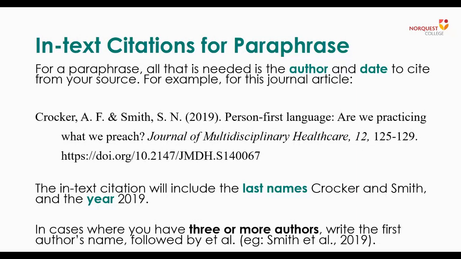In this case, this example I've given you only has 2, and so in that case, we're going to write both names. And if you can't remember this later, don't worry about it. This is all in our APA guide on our website, all this information on in-text citations, which I will link to at the end if you're not sure where to find it.